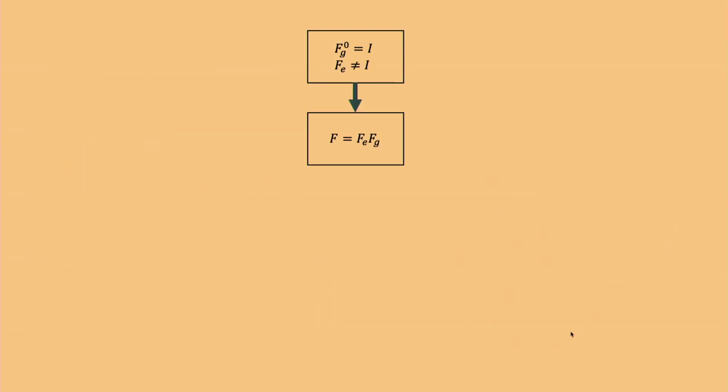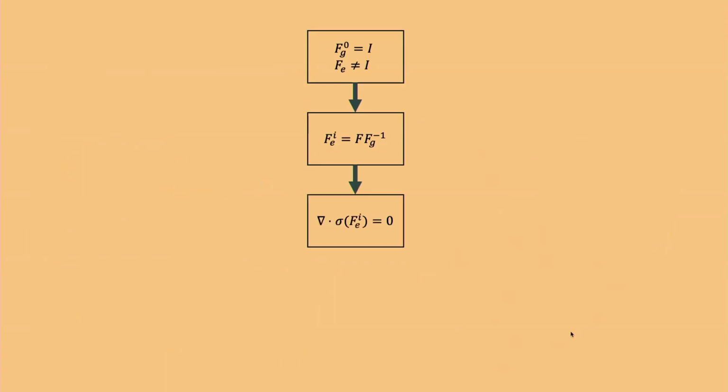So the flow of my program is something like this. You have an initial FG that is just the identity tensor. Nothing is happening, and then you have some stretching that occurs. Remember, the total deformation is just the product of FE and FG. Then you solve for FE, because that's the only thing that stresses the heart, or whatever your material is.